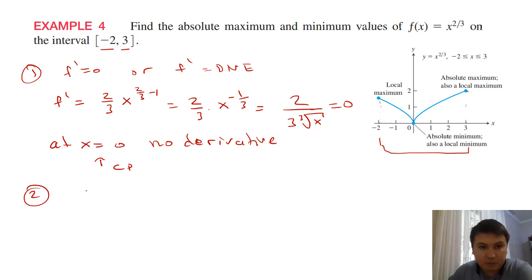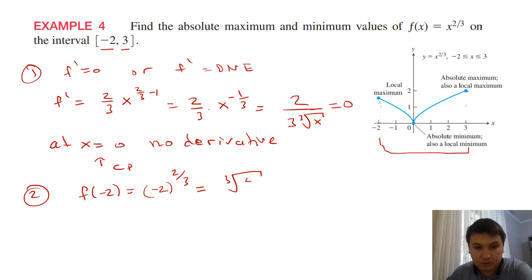Okay, so what is my f of −2? Well, this is −2 to the power 2/3, so this is cube root of 4. What is my f of 3? This is cube root of 9.